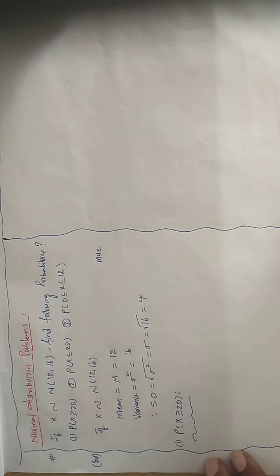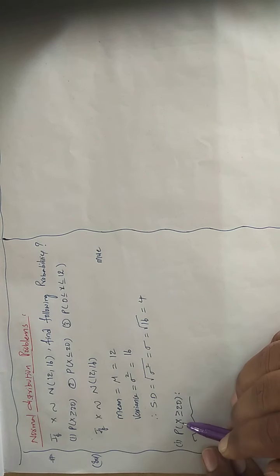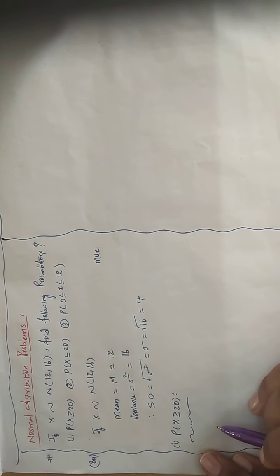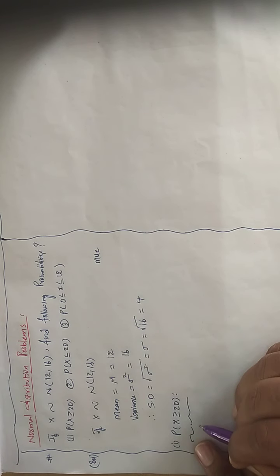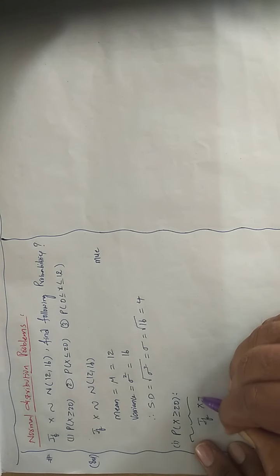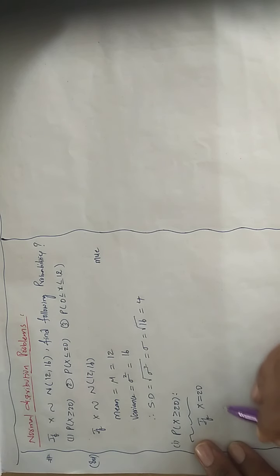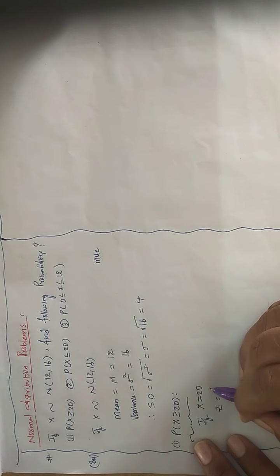Whatever symbol it will be, assume that for z value calculation. So if x is equal to 20, then what happens? Z is equal to, what is the formula? X minus mu by sigma.